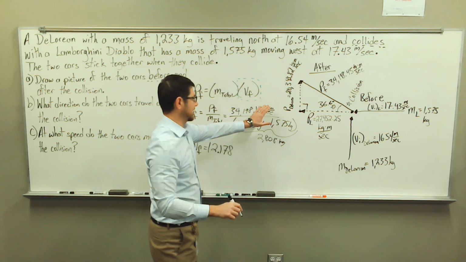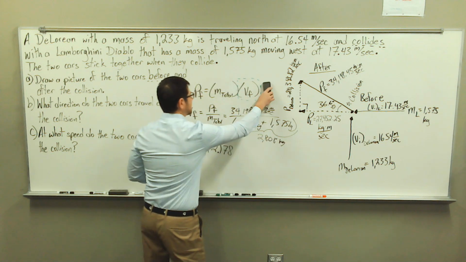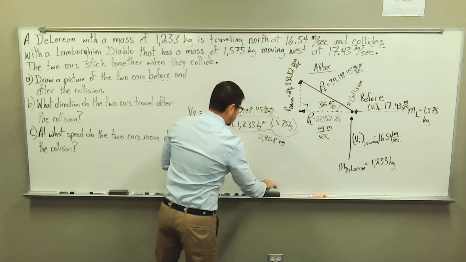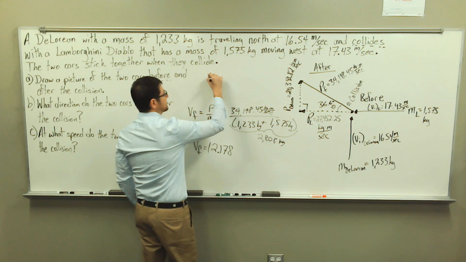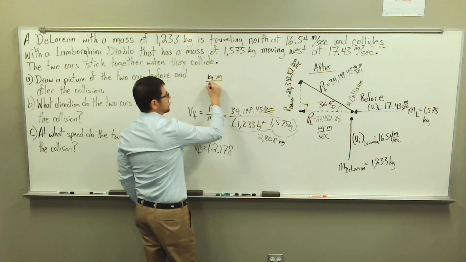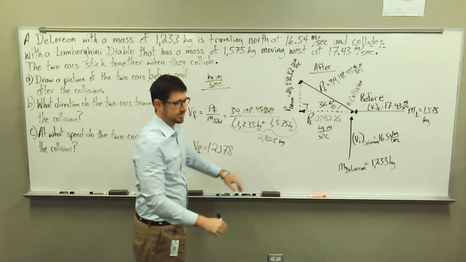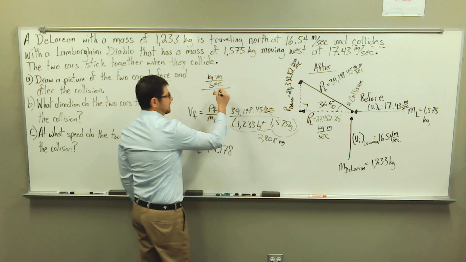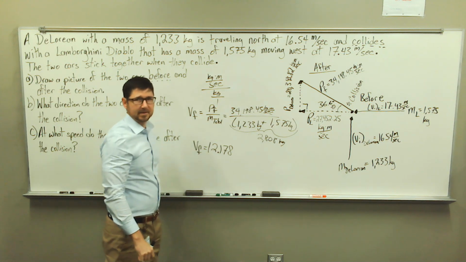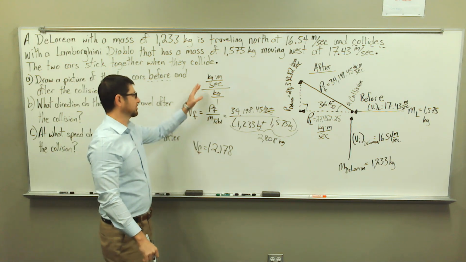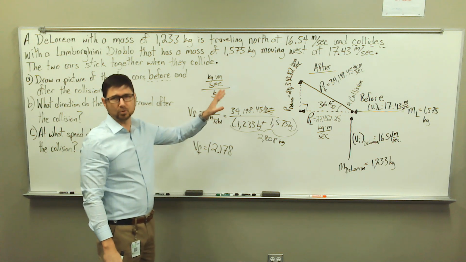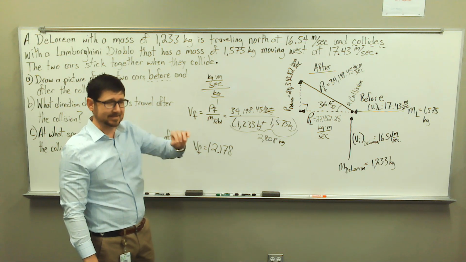So in the numerator, I have kilogram times meter per second, and we're dividing this by kilograms. Now, algebraically, we know that this is kilograms over 1. Whenever we divide fractions, it's like multiplying by the reciprocal of the denominator.